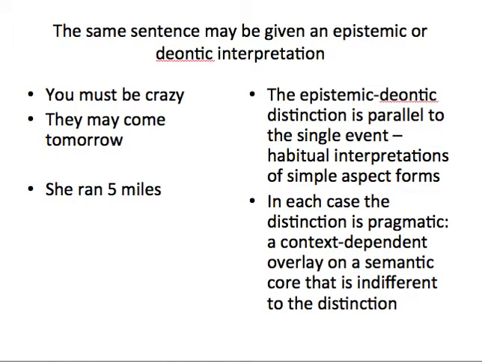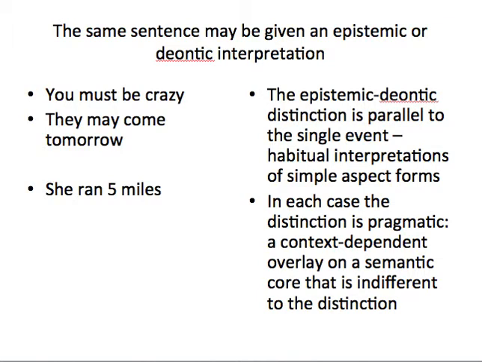You must be crazy. Okay, it's epistemic. Think about a deontic context. In this coming scene, you're deranged. You must be crazy in this scene. Okay, so it's a direction to conform to a set of behavior, right?